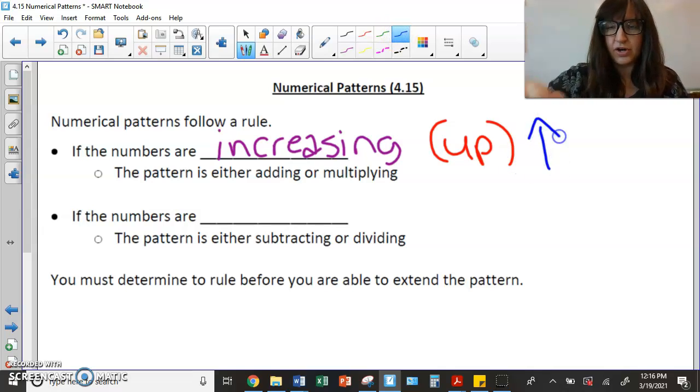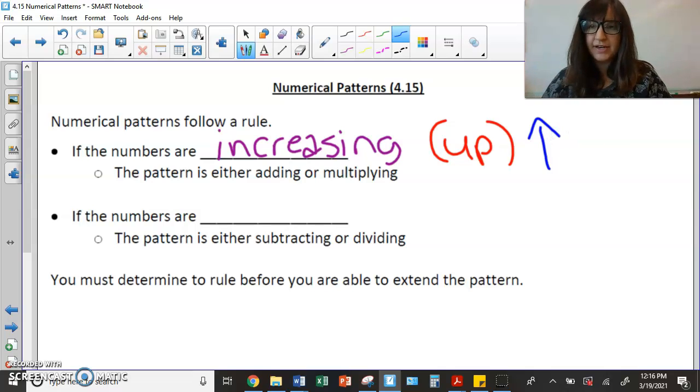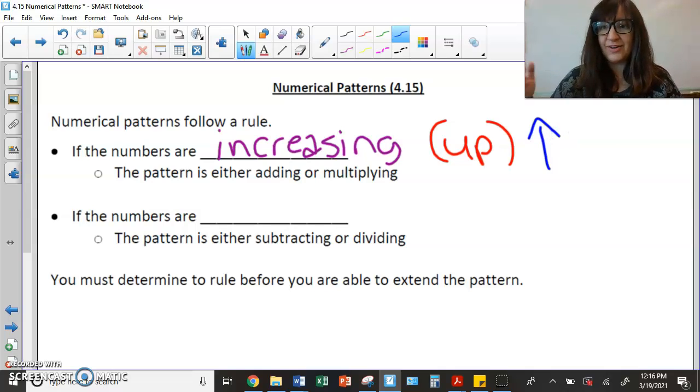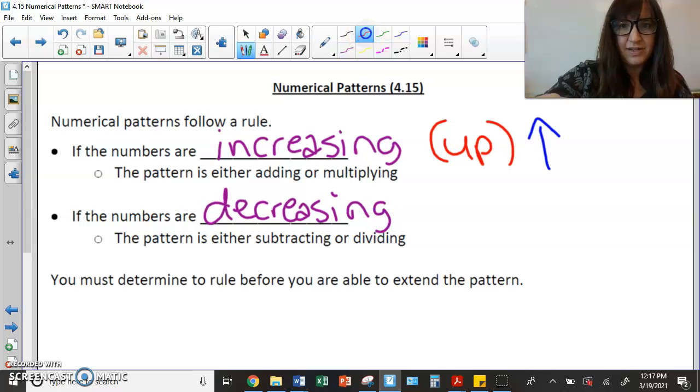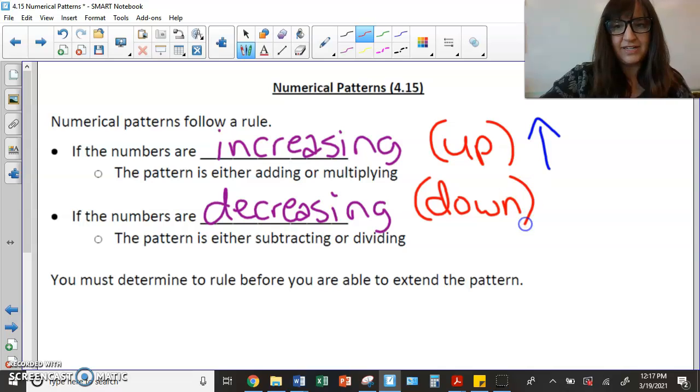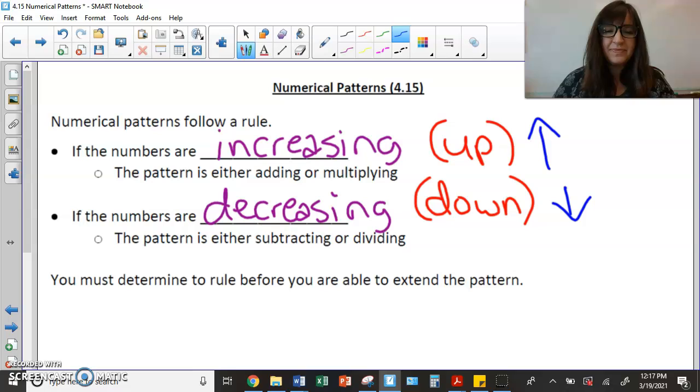So if the numbers are increasing as the pattern goes on, then that means you are either adding something to the previous number to get the next number, or you are multiplying something to the previous number to get the next number. If the numbers are decreasing, and decreasing is the same thing as going down, then the pattern is either subtracting or dividing, okay?